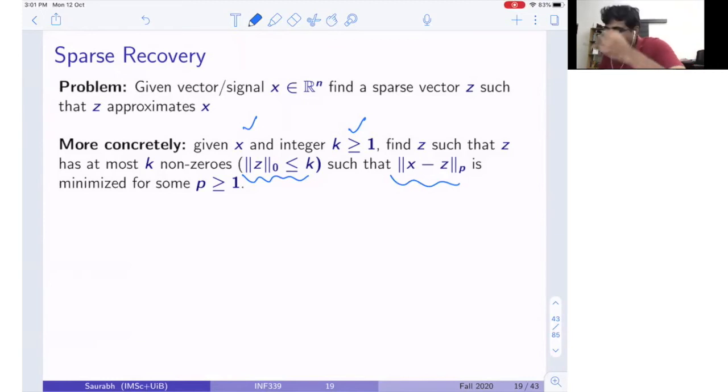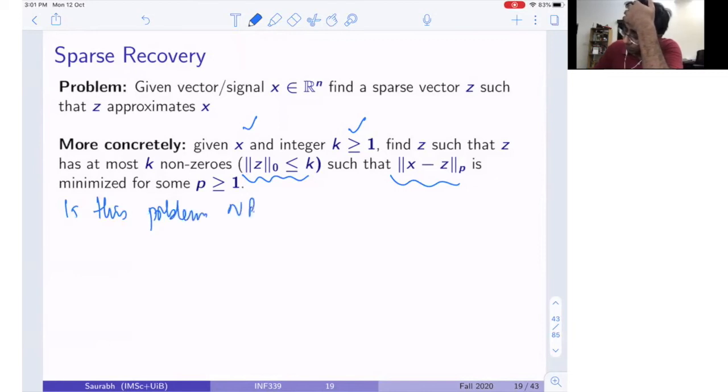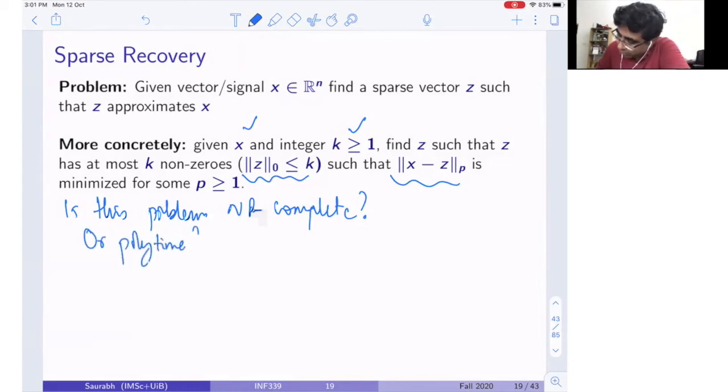Okay, is the question clear? Do you think this problem is NP-complete or polytime? What is your guess?